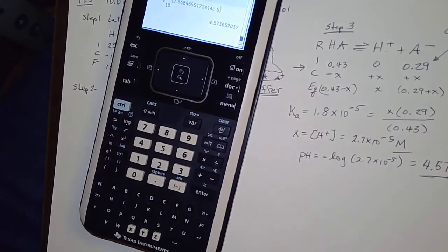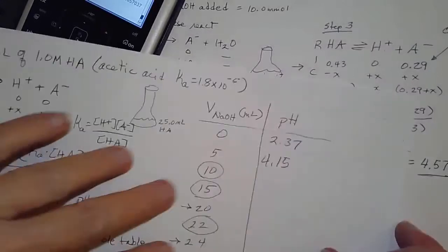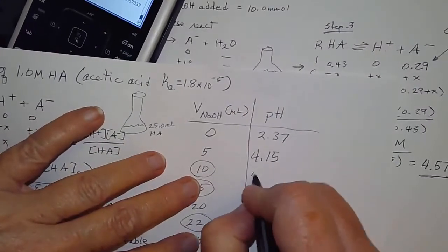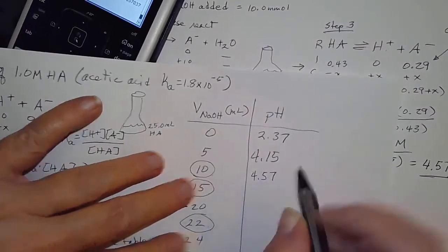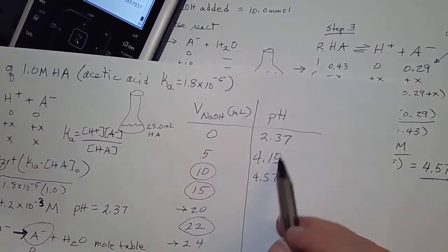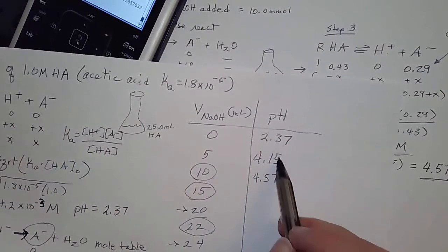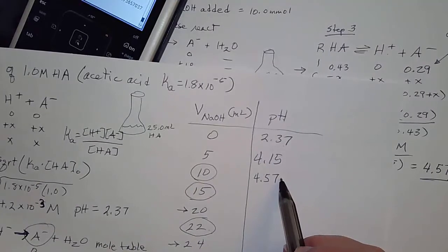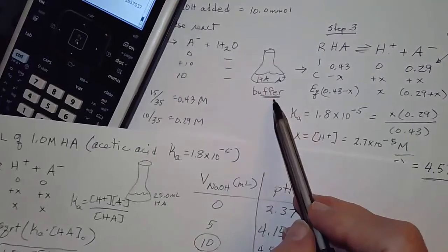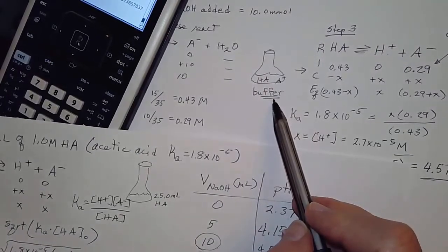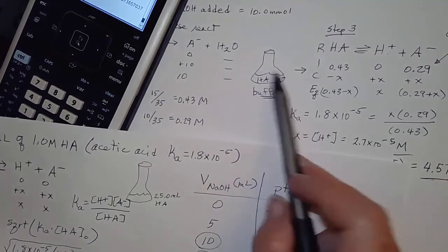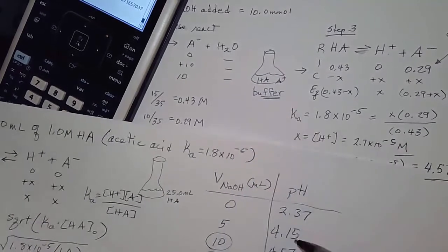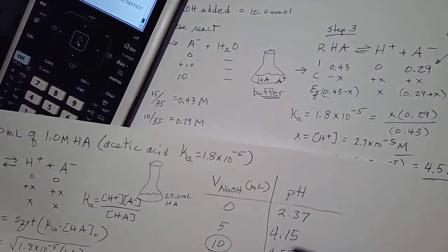If I add that to our table that we've already done, we see we're not changing much at this point. It started to increase a good bit, and now it has slowed down. And why is that? That's what that word buffer means. Buffer solutions resist changes in pH.